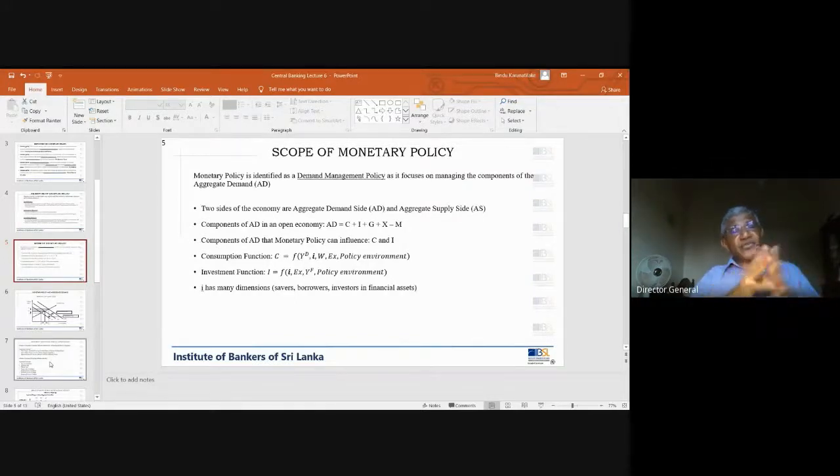Usually a financial system has a spectrum of interest rates, for savers, borrowers, and investors. There can be high risk, low risk situations. Again, interest rates are different. Again, there can be short term, medium term, long term, different interest rates.